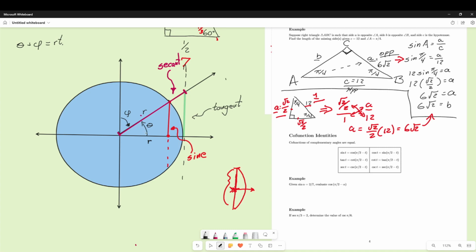So just like this angle theta has a sine length, a tangent length, and a secant length, its complement has the same lengths. So if we looked at its complement, this length is like the sine length of our original angle. But it's not the sine length of our original angle, it's the sine length for the complement of the angle.